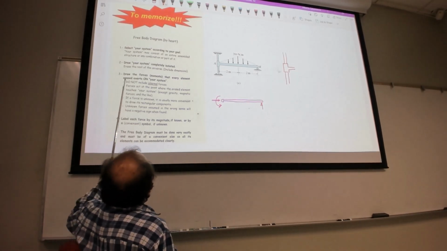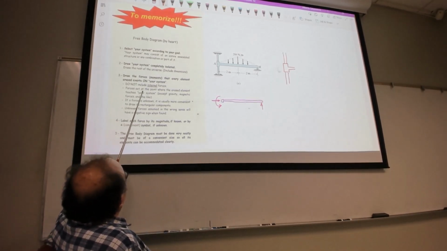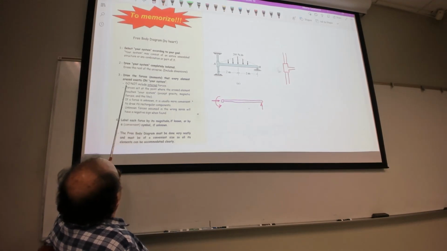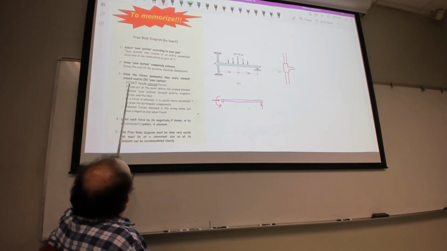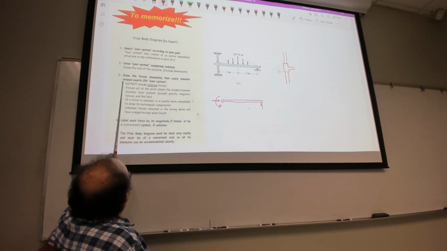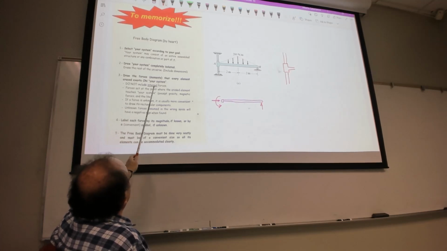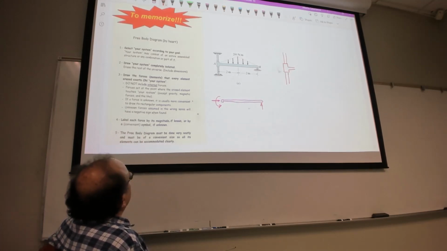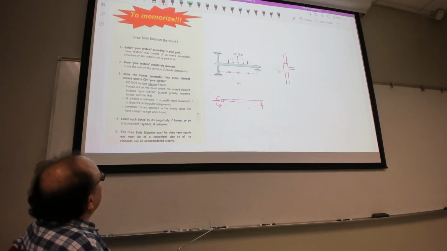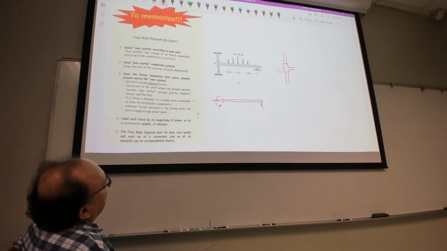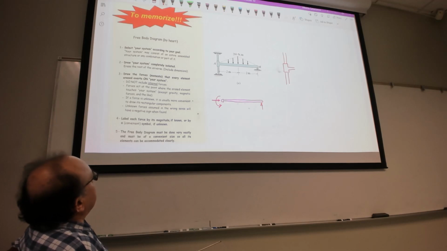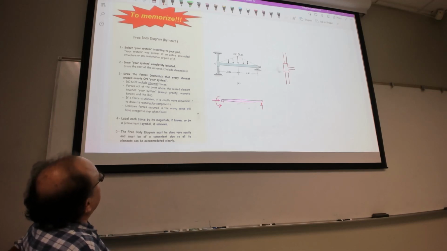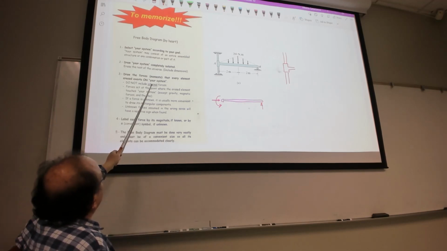What else? Look, the forces do not include internal forces. Well, we don't have much of an idea about what an internal force is, but maybe in another example I'll talk about this better.